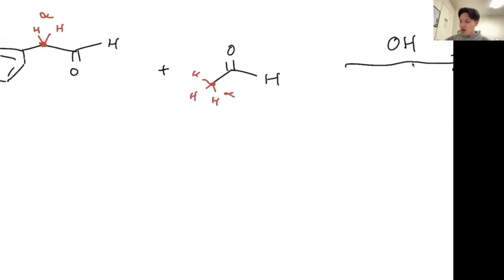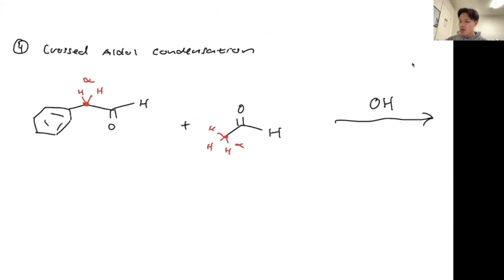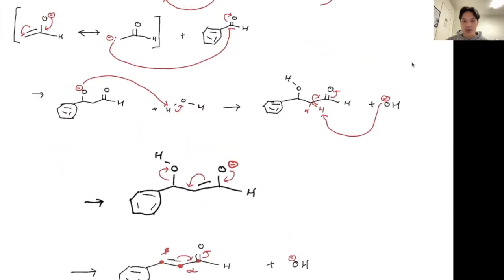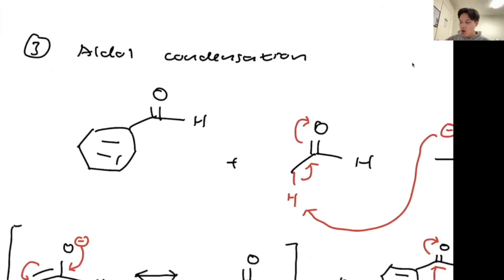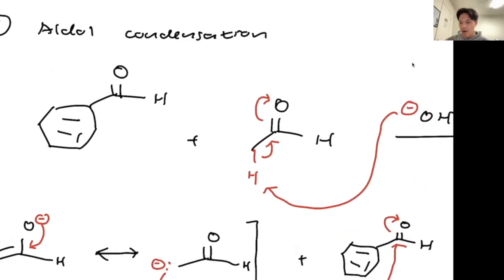So what's the difference between this reaction and the reaction above? In the reaction above, we only had one alpha carbon that we can take a hydrogen on, and this is what's making this reaction selective. This alpha carbon doesn't have any hydrogen, so we can't take it from there.